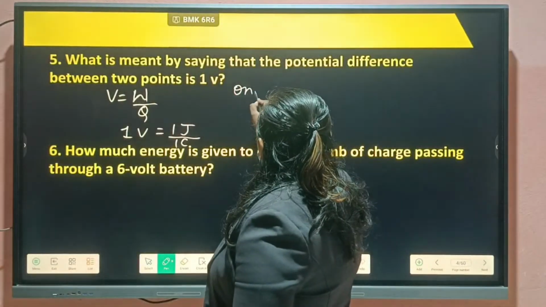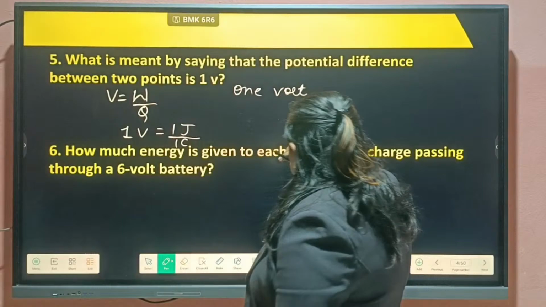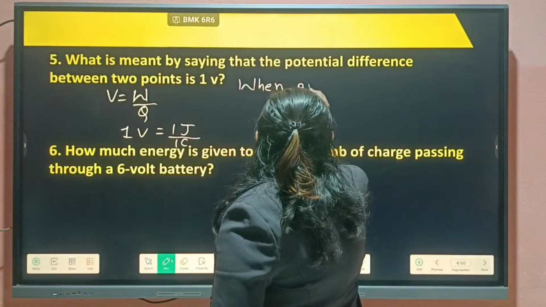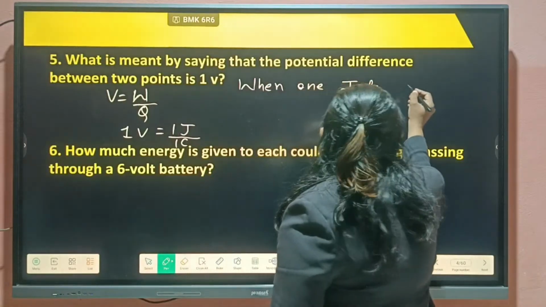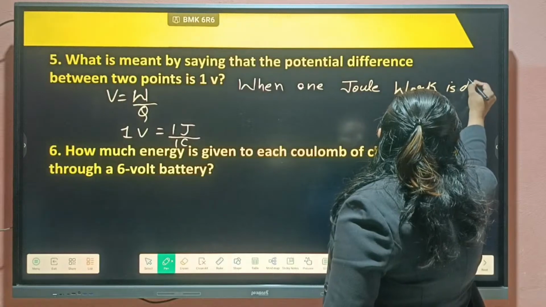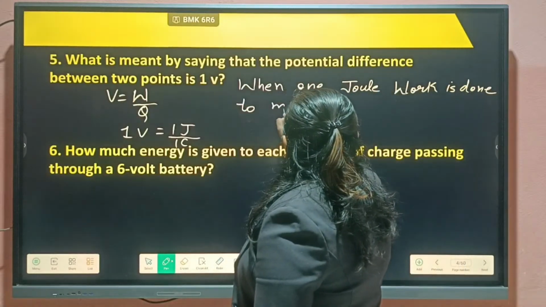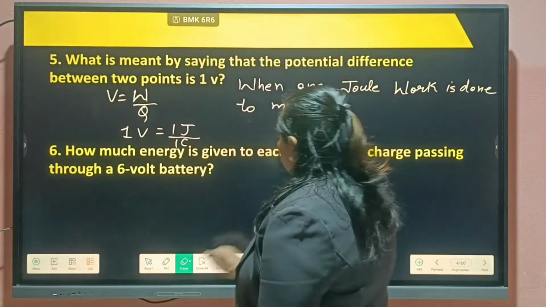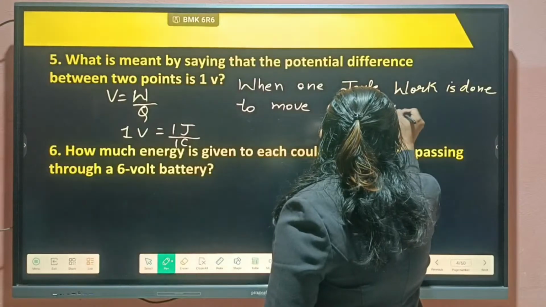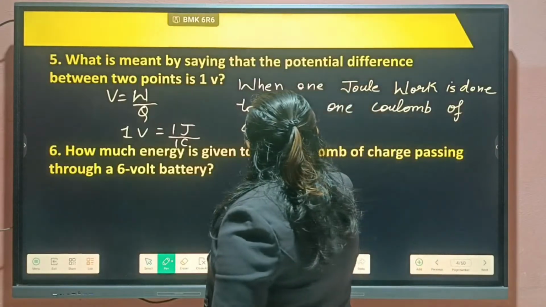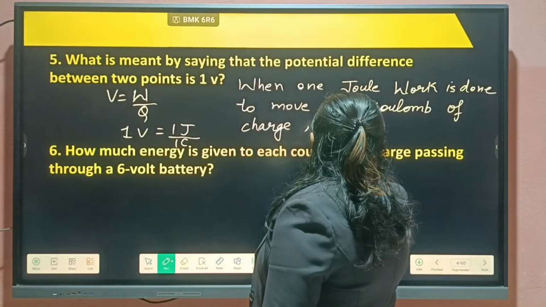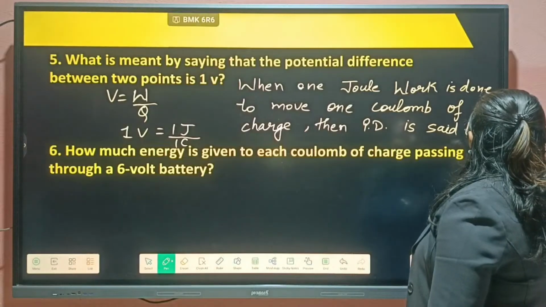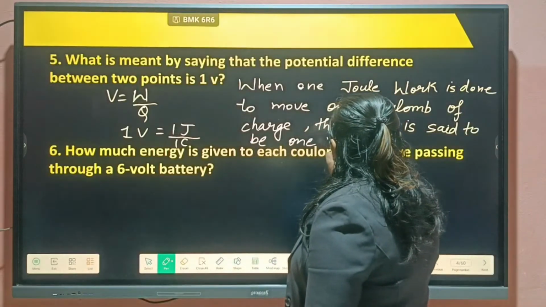So how do you define 1 volt? 1 volt, when 1 joule of work is done to move 1 coulomb of charge, then the potential difference is said to be 1 volt.